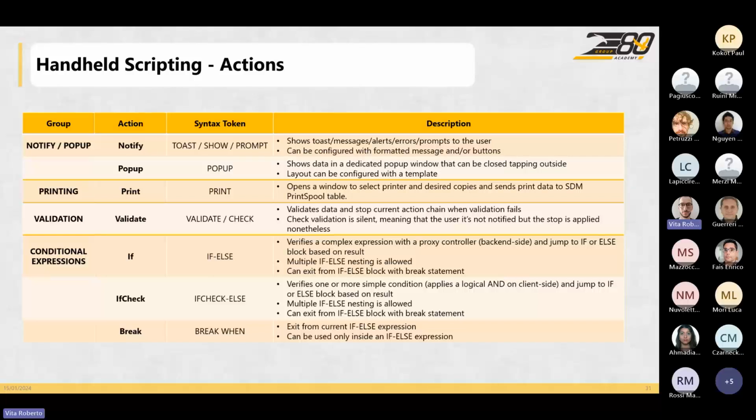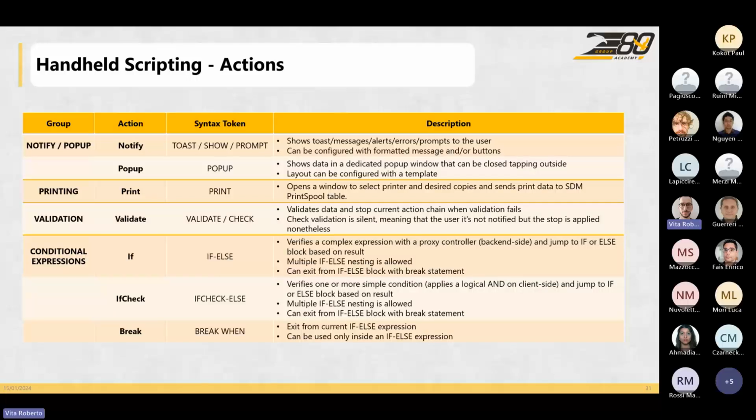This is executed at the can side, again with a proxy controller. And then we can jump to if or else block based on that result. And of course, we allow for multiple if-else nesting. We can, of course, exit from an if-else block with the break statement.